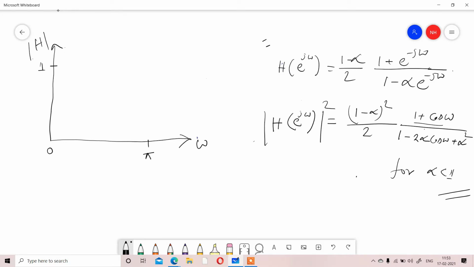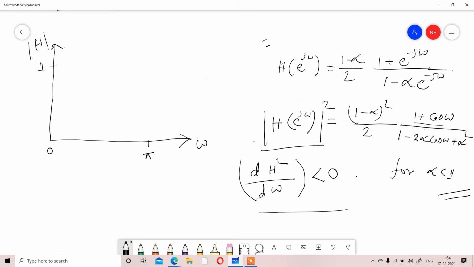Why will it monotonically decrease? To check whether it is monotonically decreasing or not, you take the derivative of that magnitude squared. If we calculate d H squared by d omega, the value you will get is less than 0.